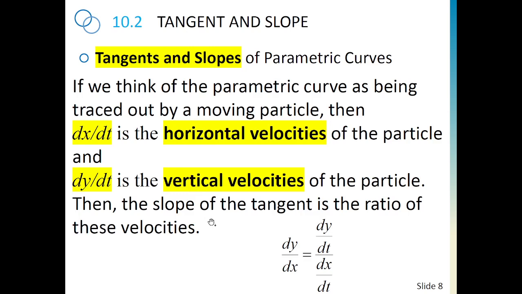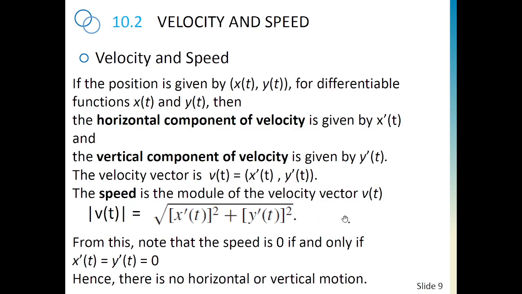That is just an interpretation, and so what we have is the velocity vector, which is the derivative of x and the derivative of y.